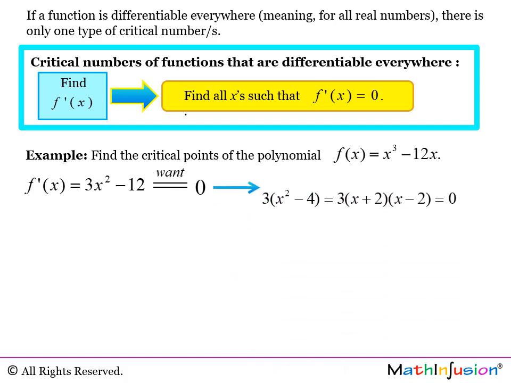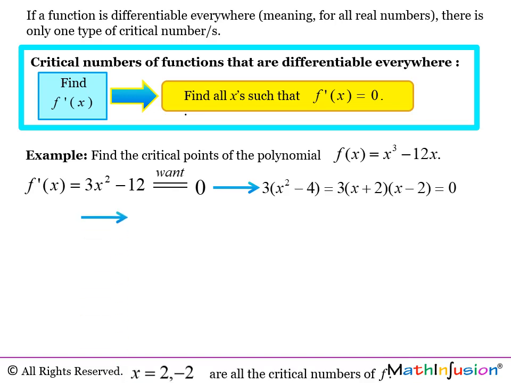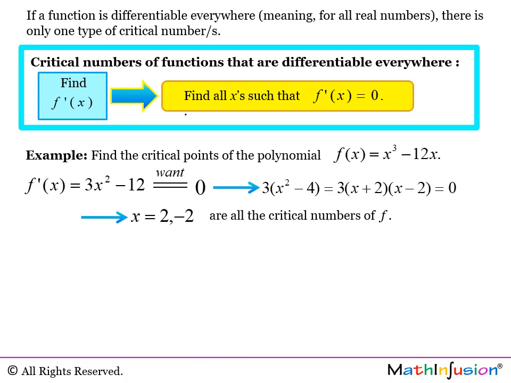Please don't forget all the algebra that we learned in the first chapter on precalculus. And I get not only that x equals 2 and negative 2 are critical numbers, but I know that those are all the critical numbers, because there are no other solution for the derivative to be 0.